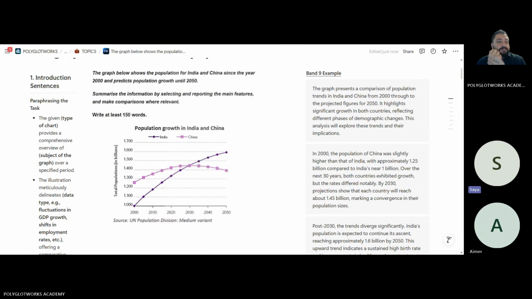So you can start with, initially in 2000, China had a significantly higher population than India, with about 1.35 billion people compared to India's 1 billion, for example. If you see, you can see total populations in billions. Populations are in that.